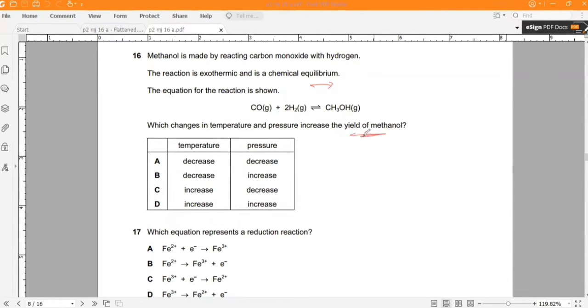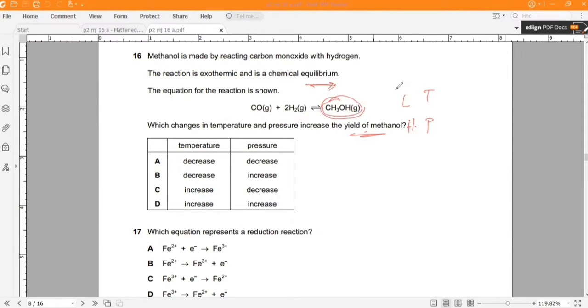So for more yield of methanol, the condition must be low temperature and high pressure, right? High pressure. Why? Because low temperature favors the forward reaction, but high temperature will not favor the forward reaction. As the forward reaction produces methanol, that means the production will be more, obviously.